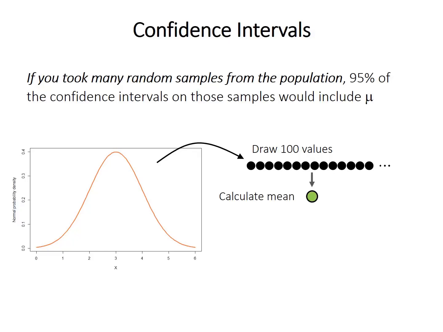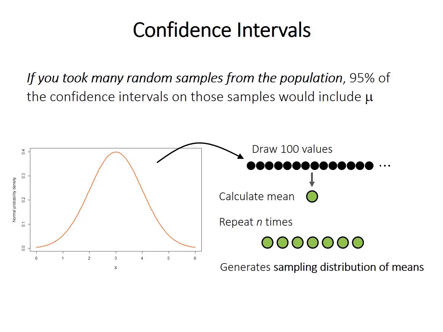So the green dot is now a sample mean, which is an estimate of our original population mean. We can repeat that process many times, like 10,000 times or whatever, to generate something called a sampling distribution of means. So each of these green circles here now is a sample mean. For each one, we've drawn 100 values from our population and calculated that sample mean.